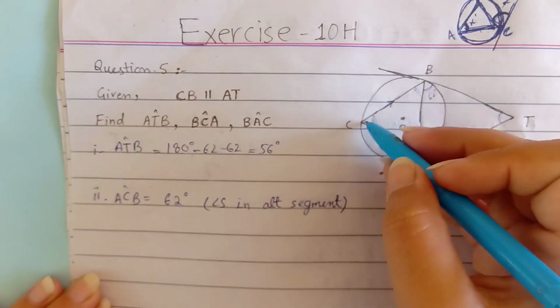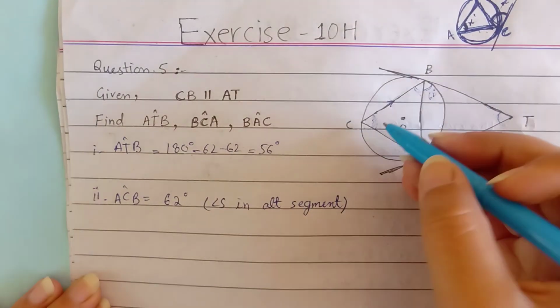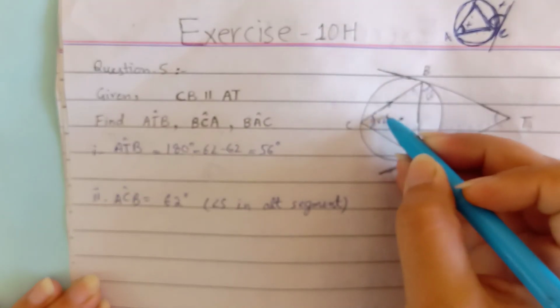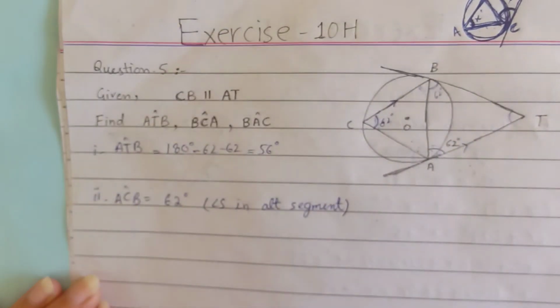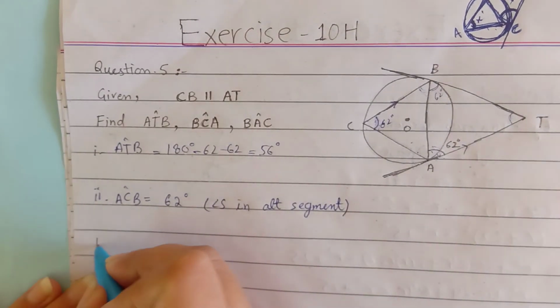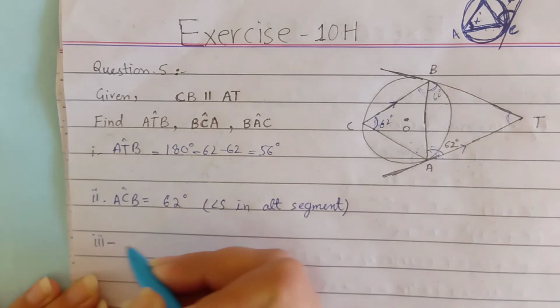We just found that the ACB was 62 degrees, and in the isosceles triangle, two angles are 62 degrees, so we can find the third angle very easily by subtracting these two from 180.